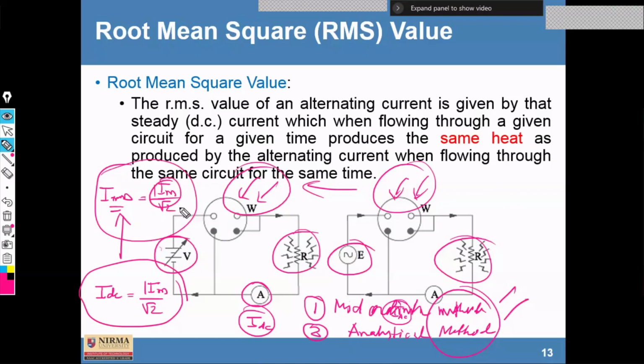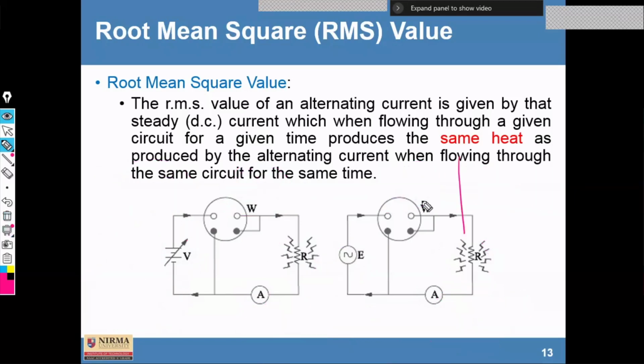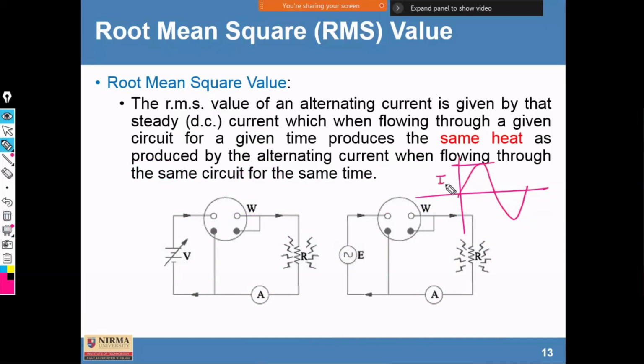So if we convert this 1 by √2, then IRMS is equal to 0.707 times the maximum value. Fine. So if you draw the waveform, then this is the peak value called Im, and 0.707 times this is known as IRMS.